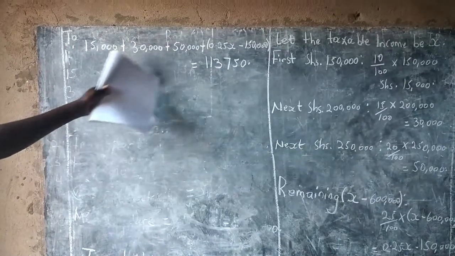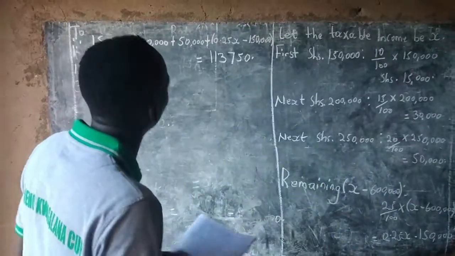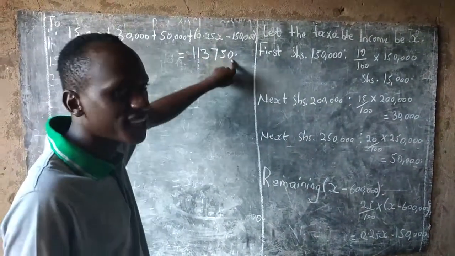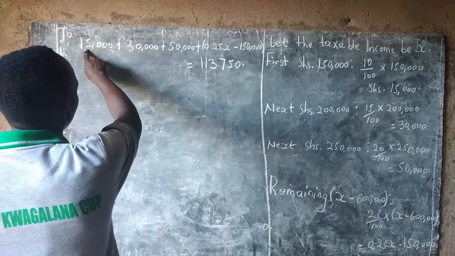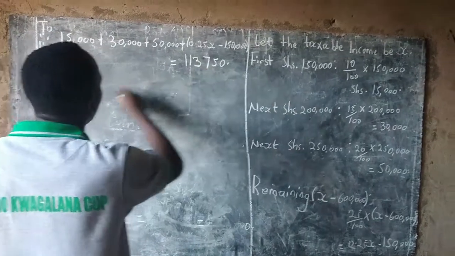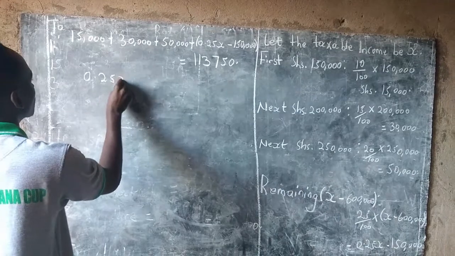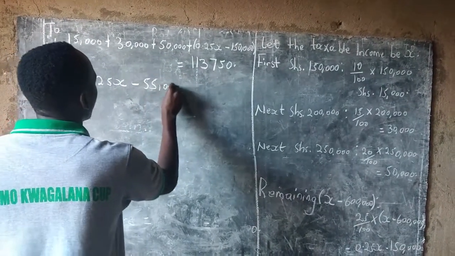So, even if I don't waste more energy and minutes here, we can get x, all of us here. So, this is 15 plus 30 plus 50. When you do that, you will get 0.25x minus, I think it is 55,000.